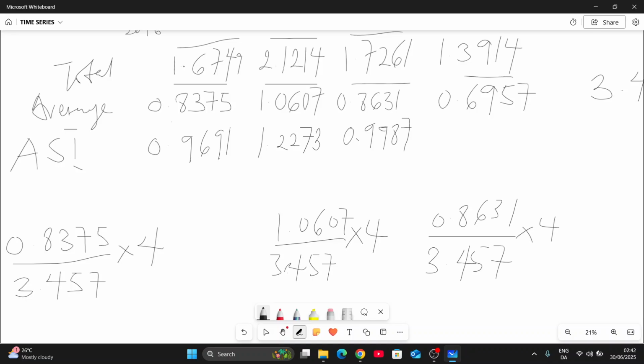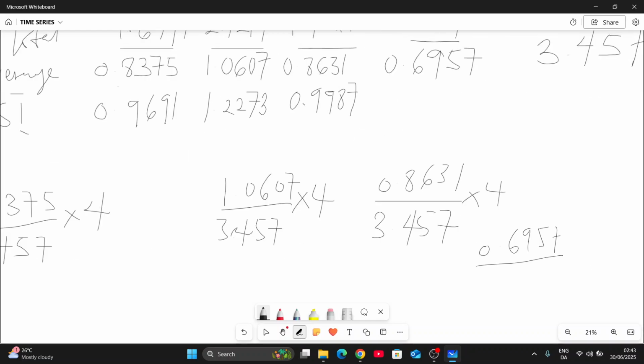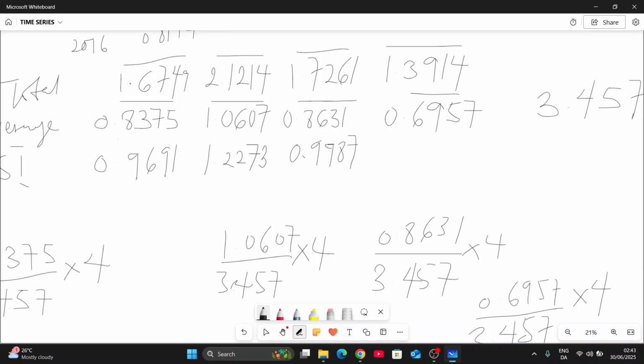Then lastly, we are going to have 0.6957 divided by 3.457 times 4, which is 0.8050.